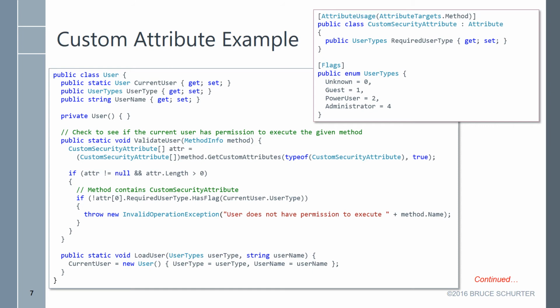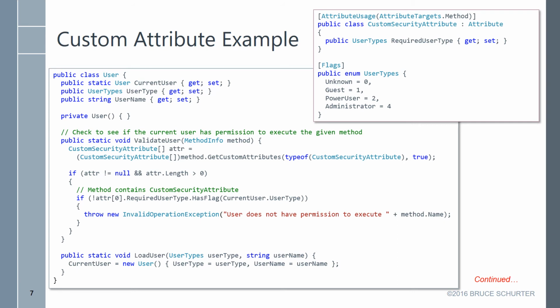The true signifies whether or not it should look for any derivatives of that type as well. We don't have any, but you can leave it true, so if you ever do derive from custom security attribute, it would find any of the children as well. So that will return an array of all of the attributes that match that particular custom attribute name.